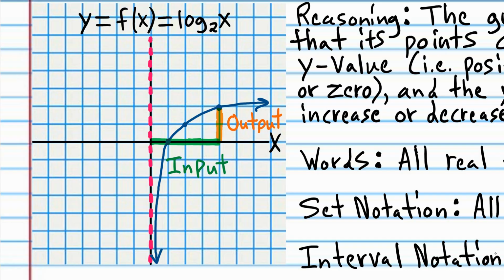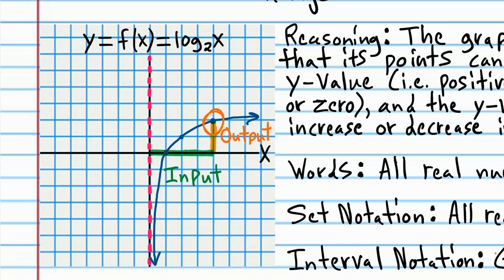So the input is the green, that's x is the green, and y is the output. So every one of these points on the graph has an input, which is the x value of the point, and an output, which is the y value of the point.